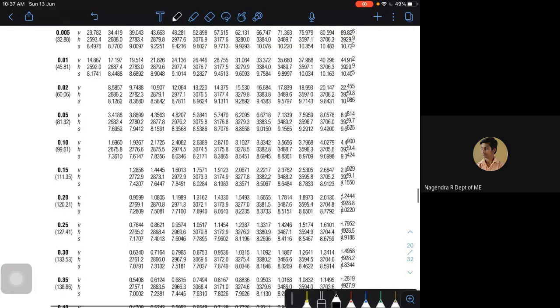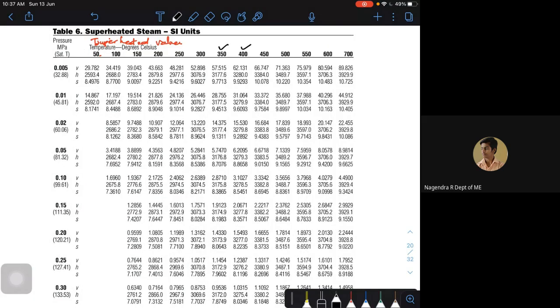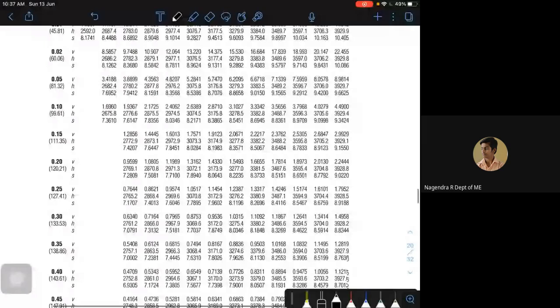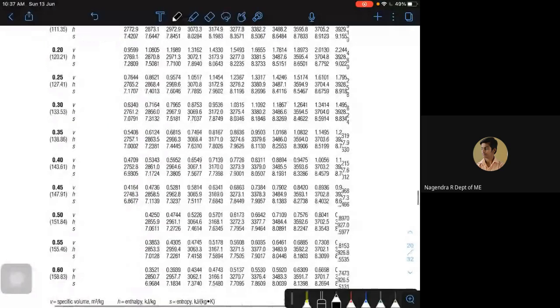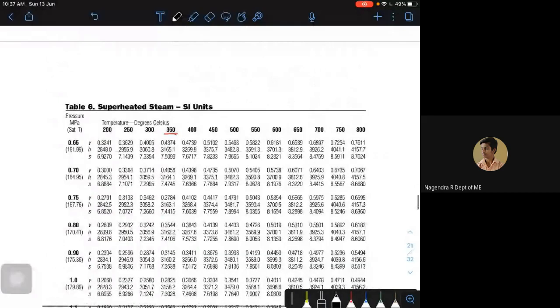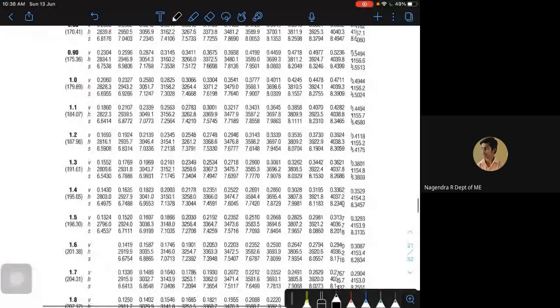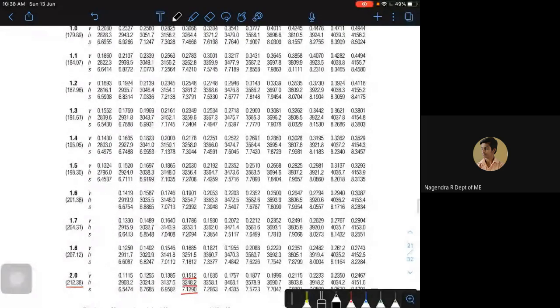Now let's look at where it is 7 point something. We'll check where exactly it is around 7. At 350 degrees, 7.07 and 7.23.